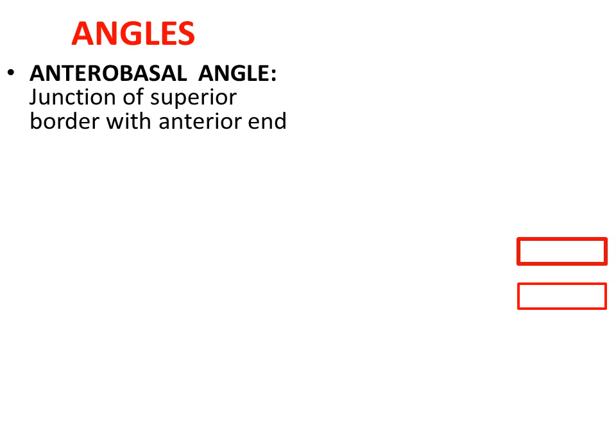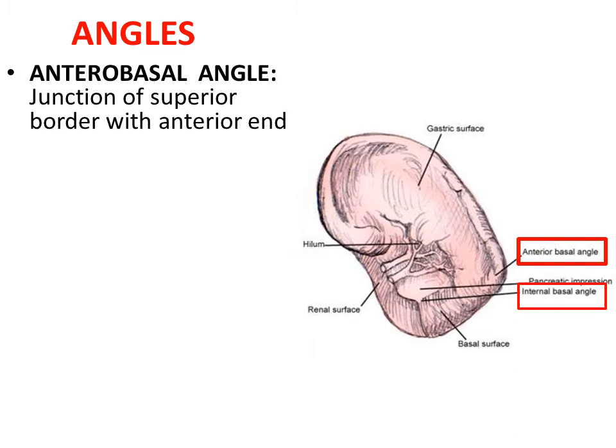Coming to the angles of spleen, two angles again, anterobasal angle and posterobasal. Starting with the anterobasal angle, it is formed by the junction of the superior border with the anterior end. Right? Over here. See this is the superior border and this is the anterior end. This is anterobasal angle. And this angle is the most forward projecting part of the spleen.